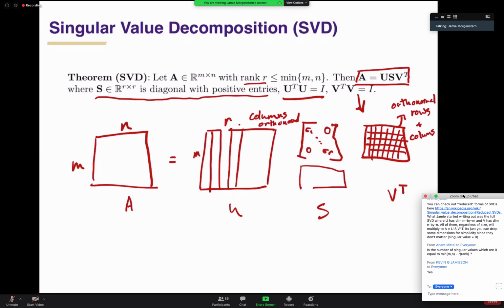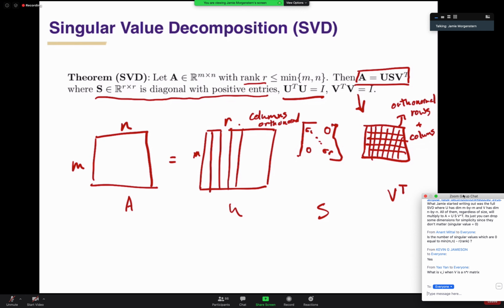This one is about the so-called skinny SVD, which only takes into account that the matrix has rank R, so you can represent it more compactly than if it had rank equal to the min of M and N. That's why we have this nice compact center matrix, where the dimensionalities of everything are a function of R rather than just M and N.